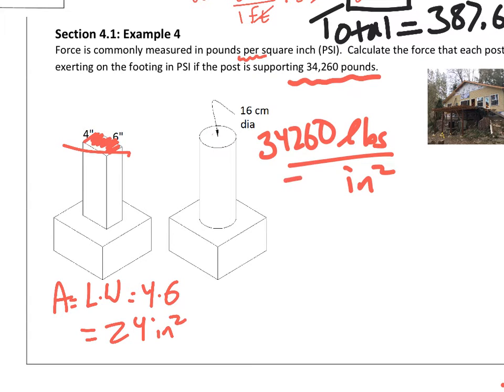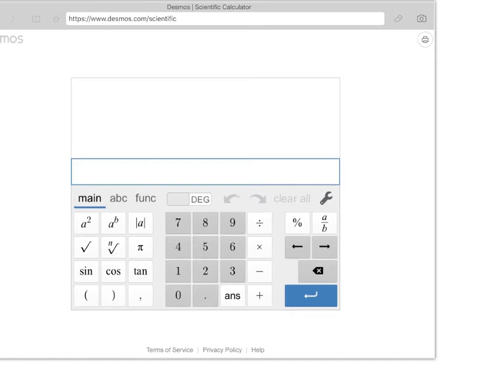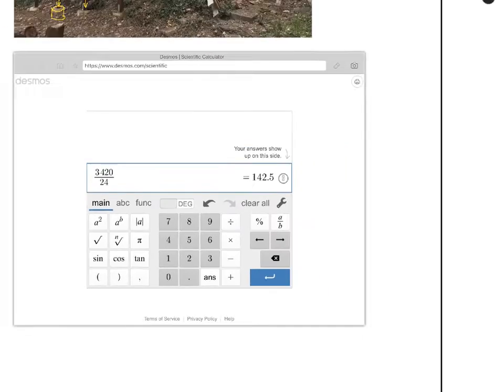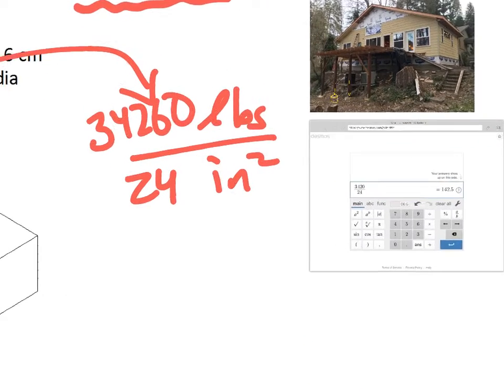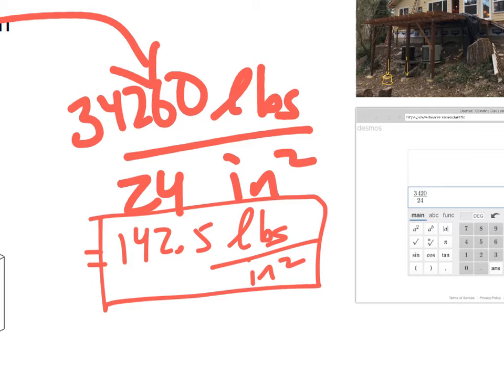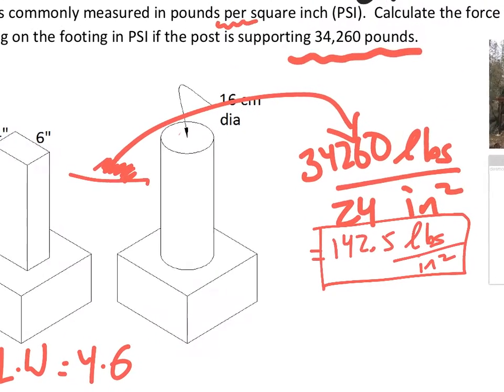Divided by how many square inches is it? 24. Okay, so this is the rectangle one. So if we divide that out, all right, so we have 34,260 divided by 24. That's 142.5 pounds per square inch. Okay, so it's pushing down with that much pressure. A lot of pressure. Good thing it's concrete. It can probably hold that, all right?